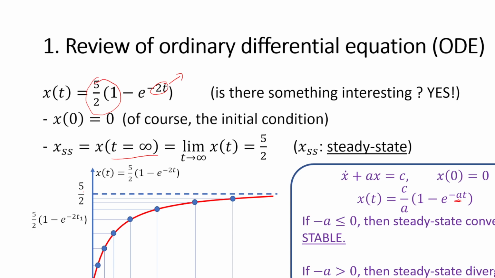You can just look at the parameter a. If minus a is negative, then the system is stable. If minus a is positive, then the solution diverges. It means unstable. I will use the terms stable, unstable together with converge and diverge from now on.